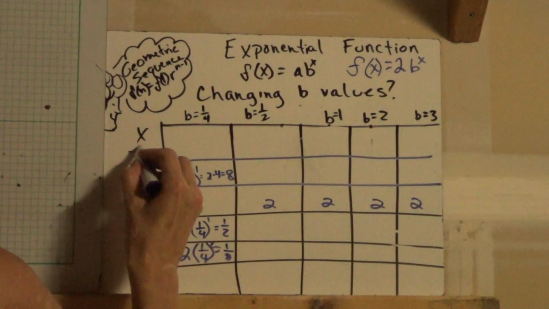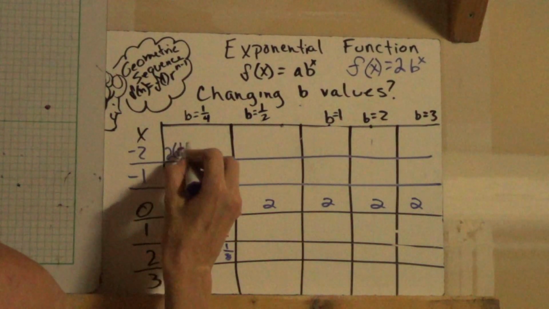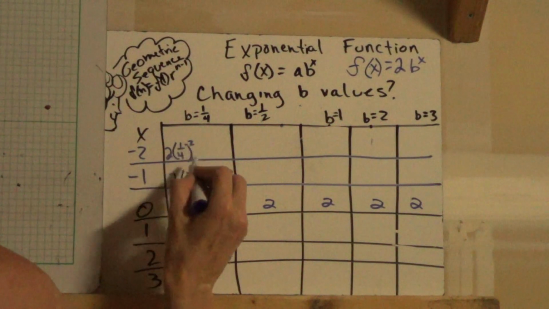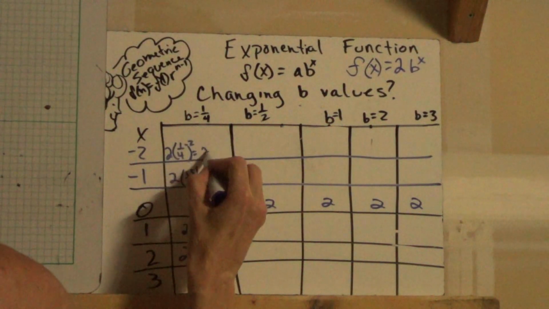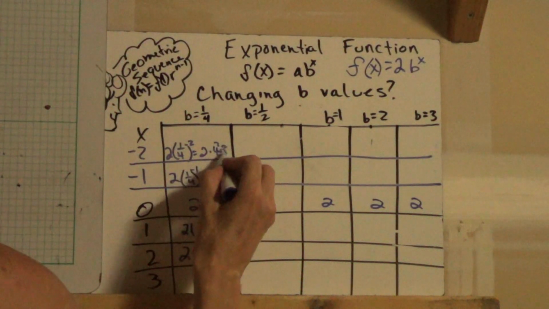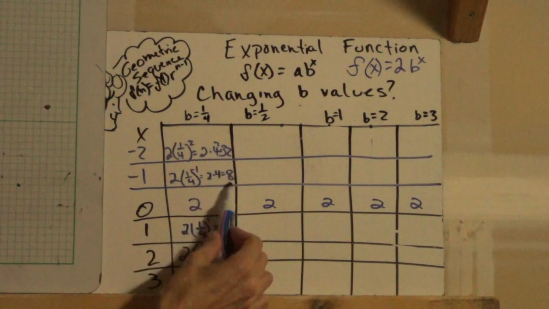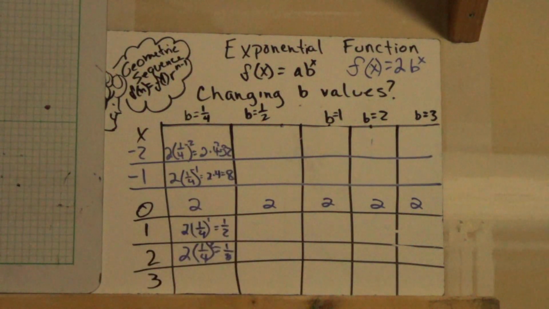And -2 would be 1/4 raised to the -2nd, flip it, would be 2 times 4 squared. 16 times 2, 32. I hope you noticed, being your growth factor, that you were going to divide by 4 the whole way down.